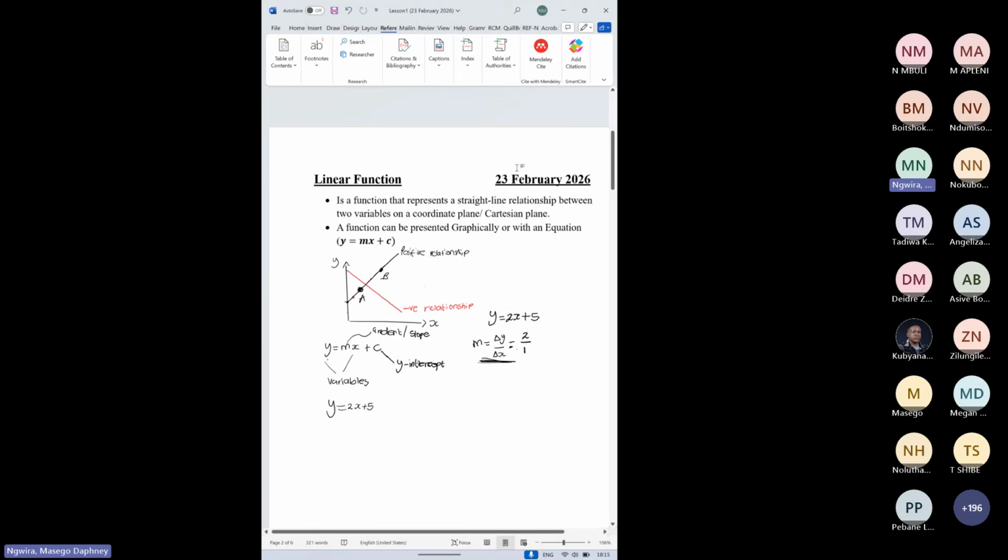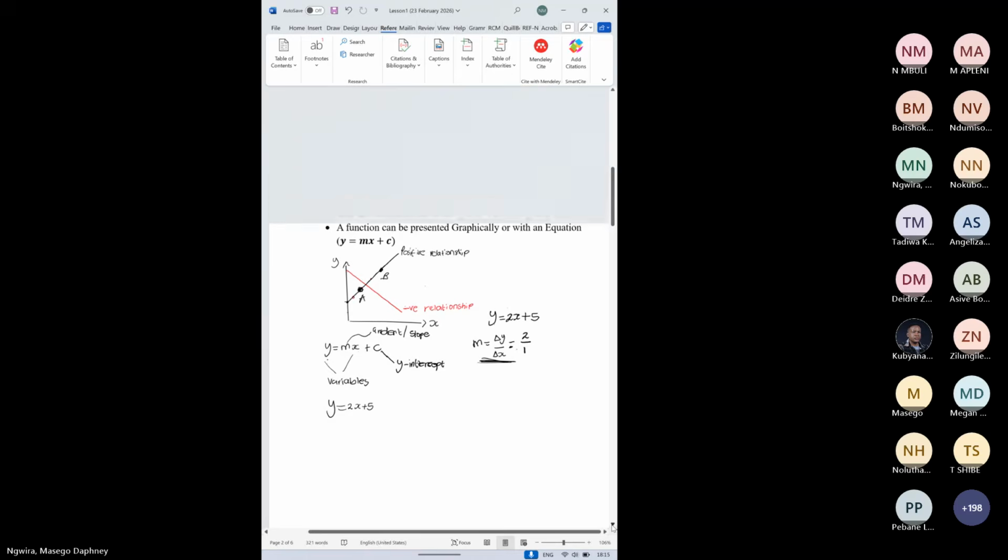So here I was just showing you my X and Y variable. So now we're going to apply this in our next chapter.